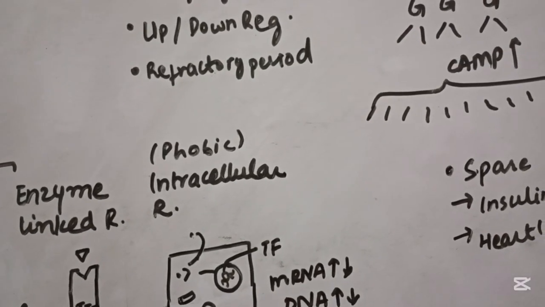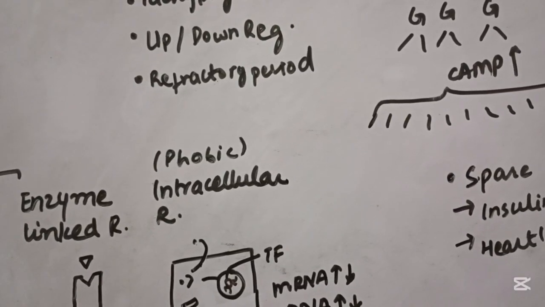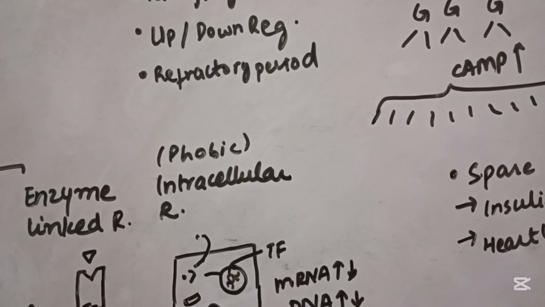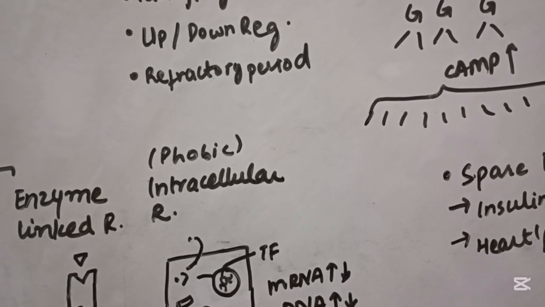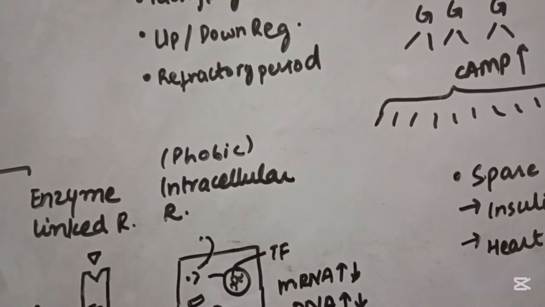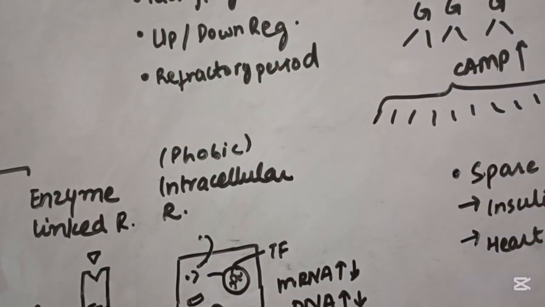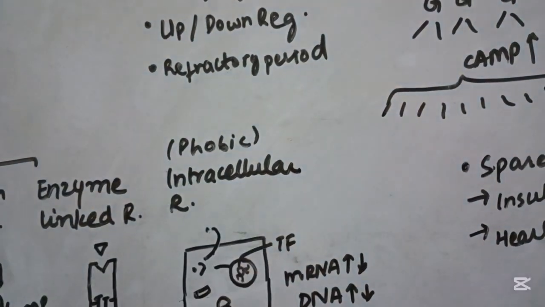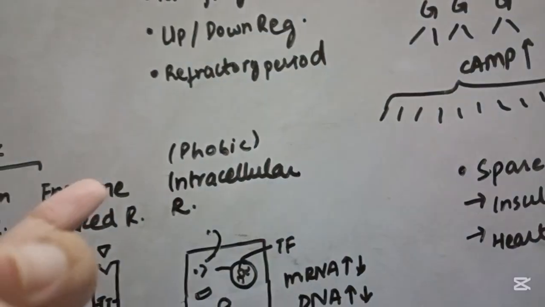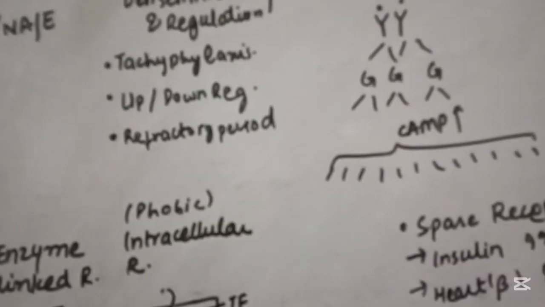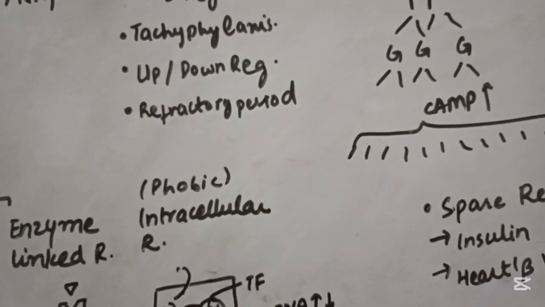Next is the refractory period, that is also a part of this regulation. Here the refractory period is important in the case of ion channels, because we know that after a channel closes at a specific voltage, it will take its time and then it will open, and that's very simple and doesn't need to be discussed in detail.